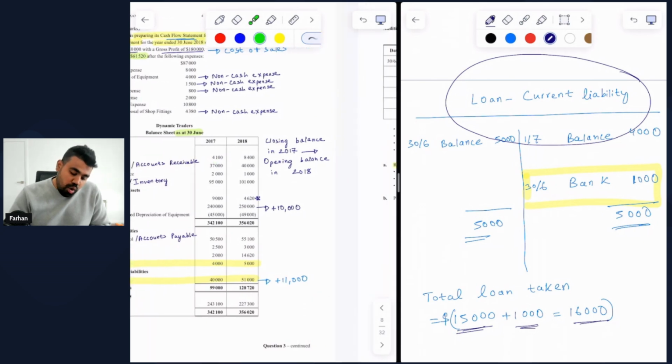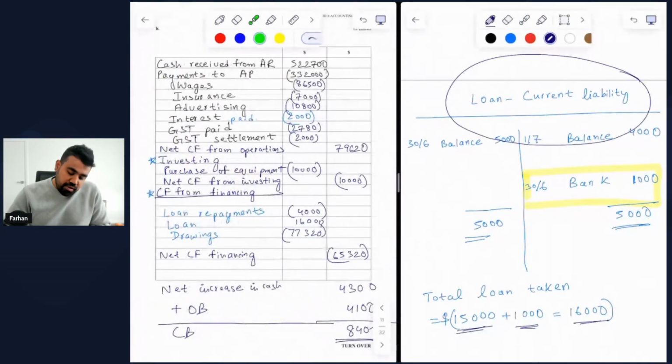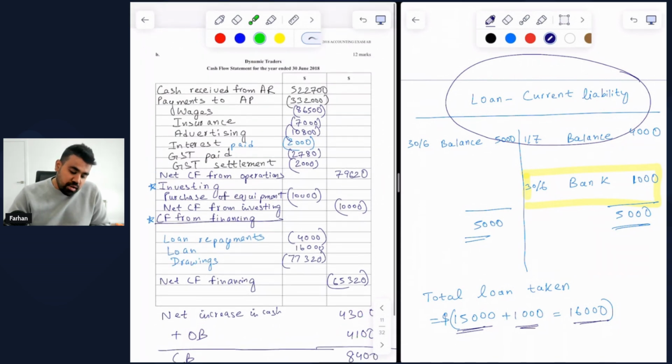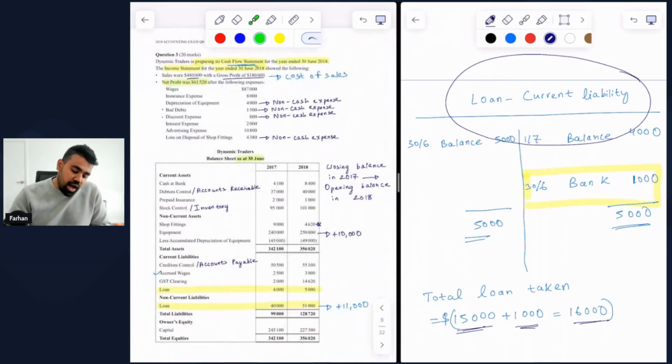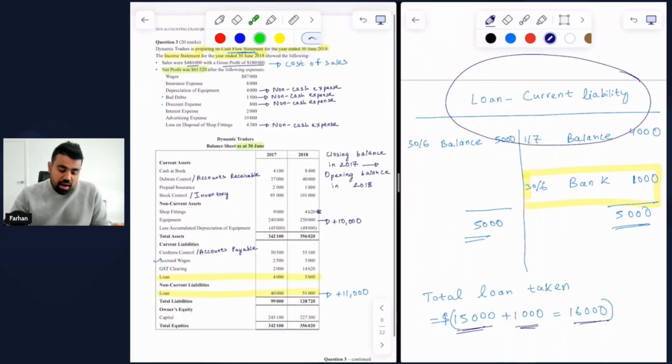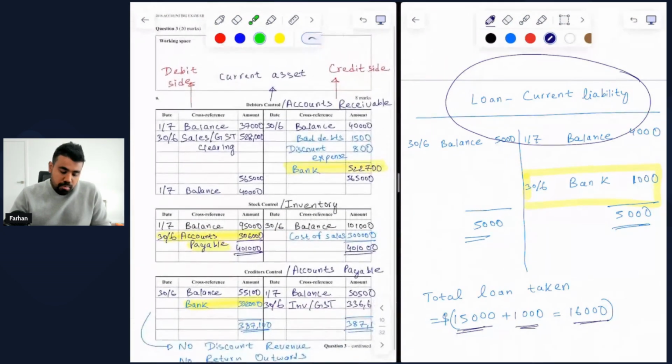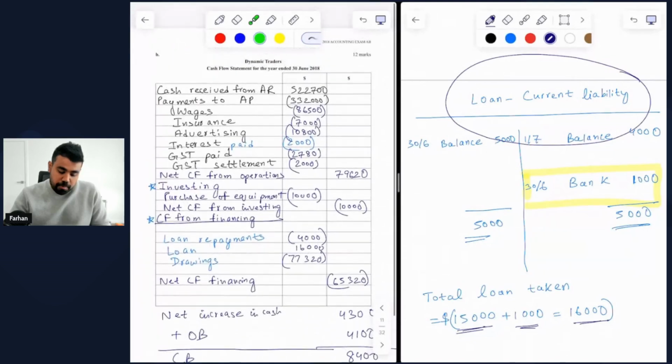And then once you add the opening balance to this net increase in cash, you should get 8,400, which must be the closing balance at 30 June 2018 and must balance with the amount that we have been provided for the cash at bank or the bank balance at 30 June 2018 of 8,400. That's how you confidently know your math is fully correct, given that you haven't made any other silly mistakes. And you should be able to score a perfect 20 out of 20.